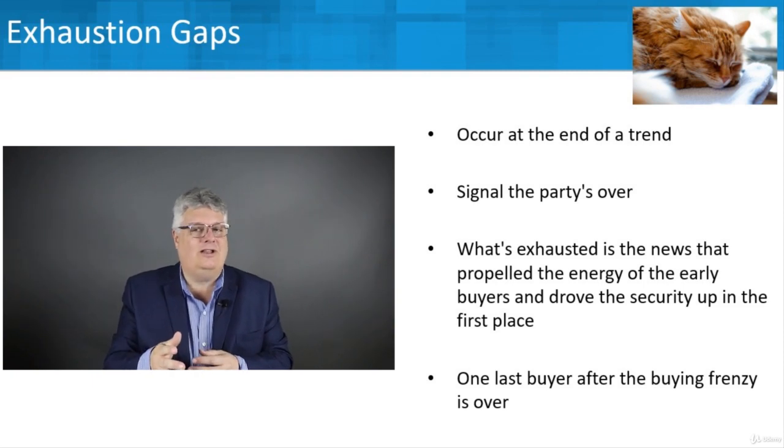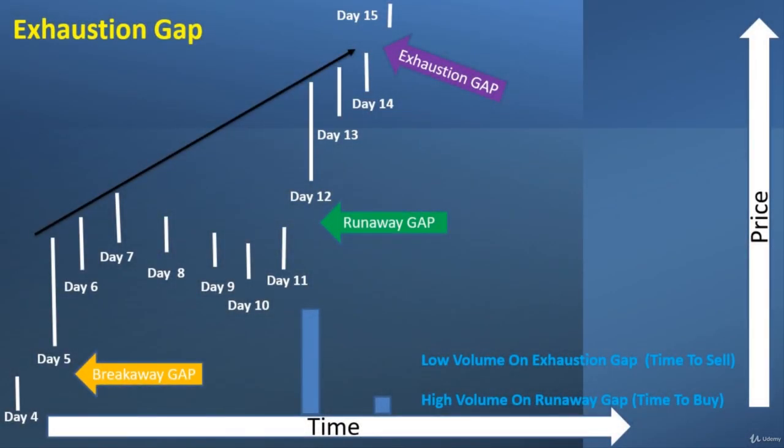So let's look at an exhaustion gap in relation to the other types of gaps. If we continue with this chart pattern here, we talked about our breakaway gap and our runaway gap. The breakaway gap created the trend, and the runaway gap continued that trend, but then the trend started to run out of steam, and we have an exhaustion gap here.